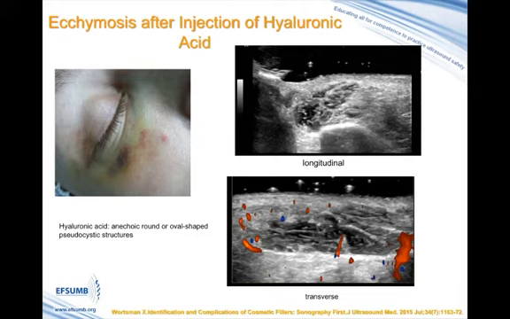These hyaluronic acids appear as round and oval shaped anechoic structures. In the color Doppler ultrasound image located at the bottom, you can see the increased dermal and subcutaneous vascularity in the periphery of the hyaluronic acid deposits.